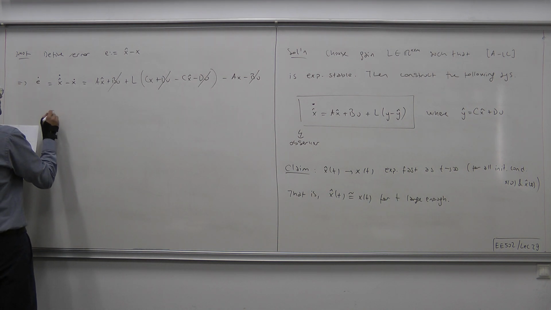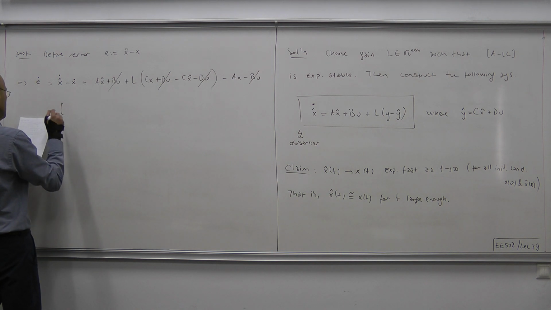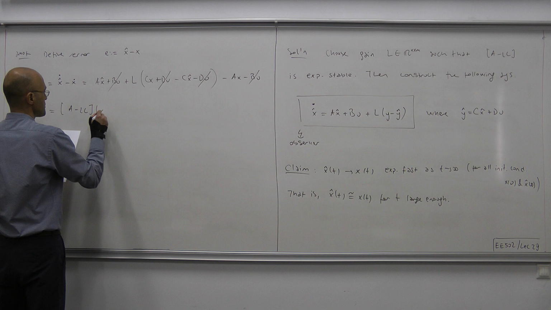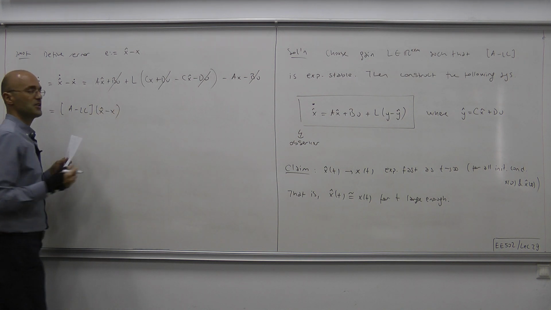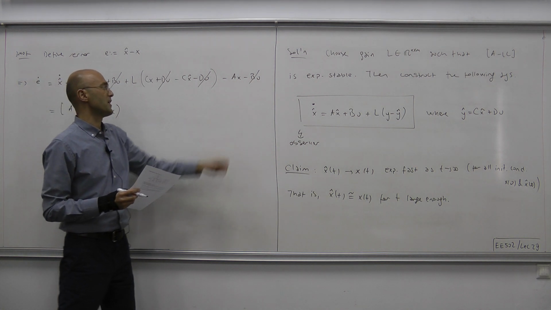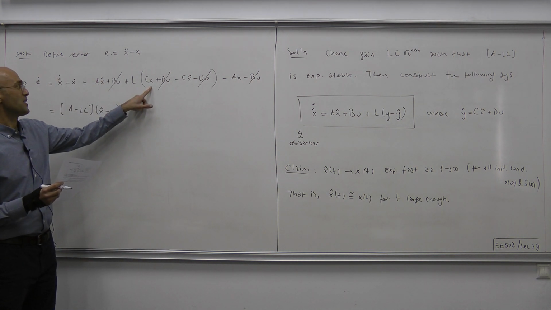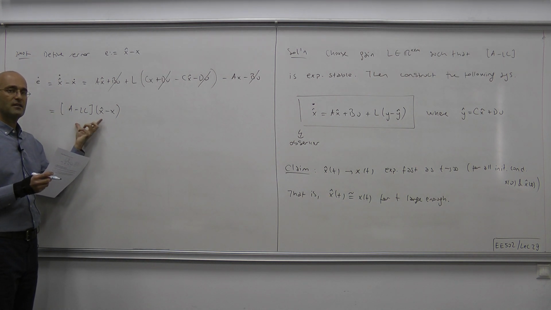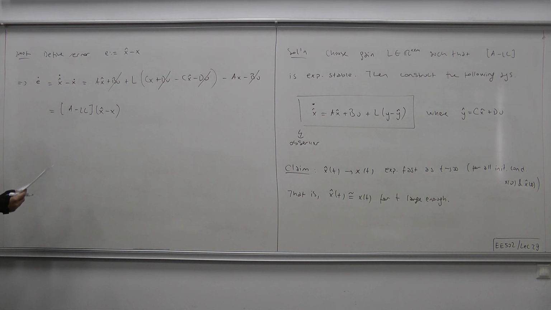Now that can be collected in the following form: A minus LC times x hat minus x. We have A x hat here minus Ax here, we have LCx here minus LC x hat here, and all those can be collected in this simple expression.